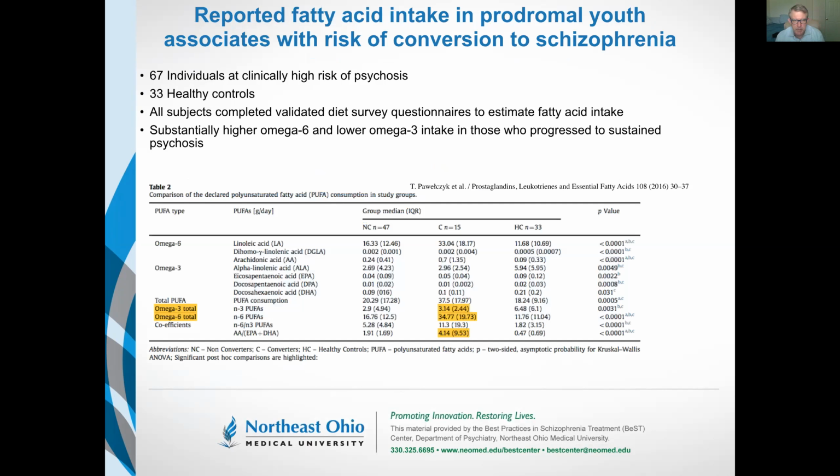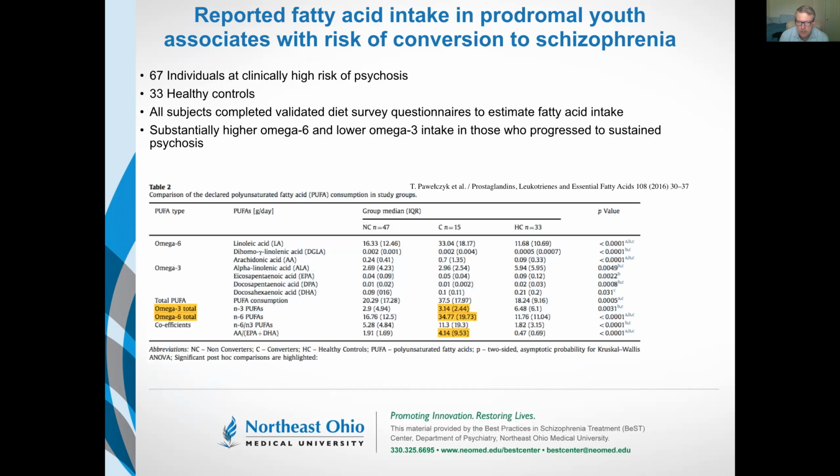Another study by a different group looked at the dietary habits of prodromal individuals. NC on the table is for non-converting, C, the middle column, is for converting, and HC is healthy controls.